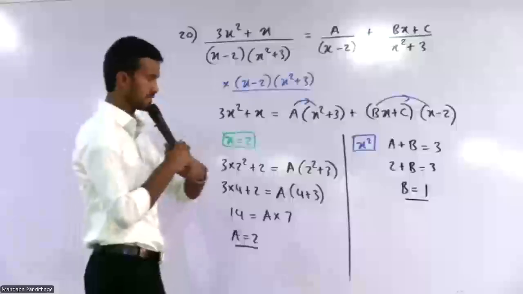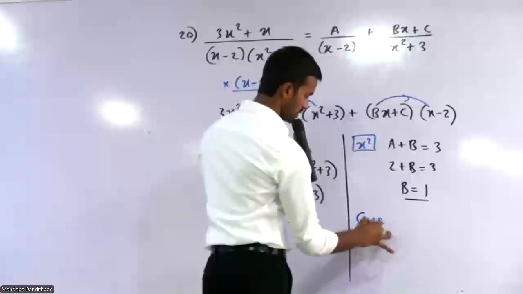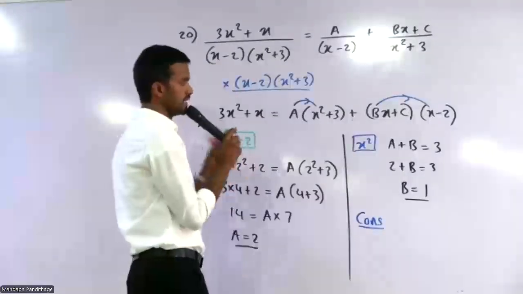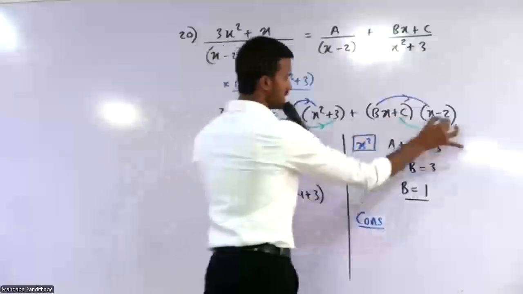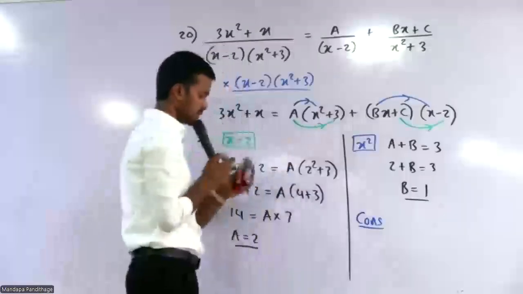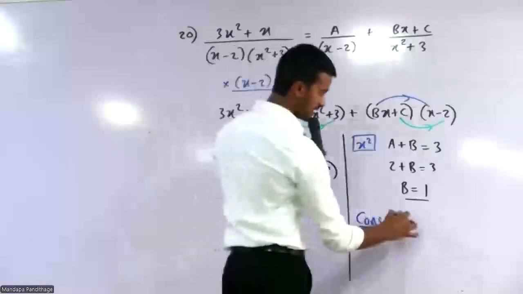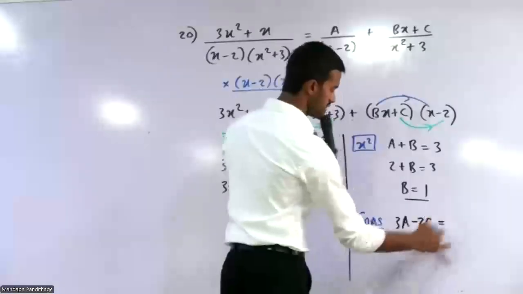And then go with the constant. When it is the constant, it's 3A and minus 2C. Look at the constant: from here it's 3A, from here it's C into minus 2. So 3A minus 2C is equal to the constant.